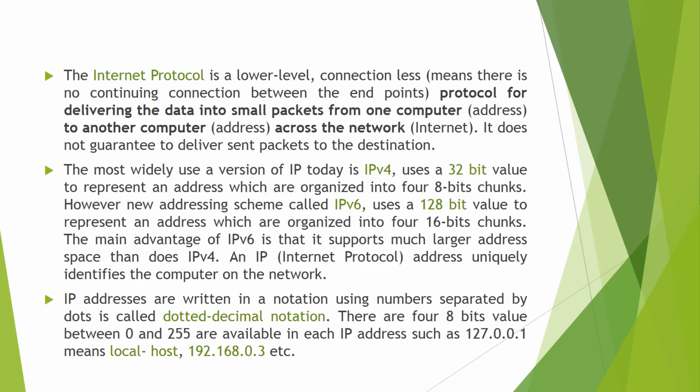The main advantage of IPv6 is that it supports a much longer address space than IPv4. An IP, that is Internet Protocol address, uniquely identifies a computer on the network. IP addresses are written in a notation using numbers separated by dots. It is called dotted decimal notation.